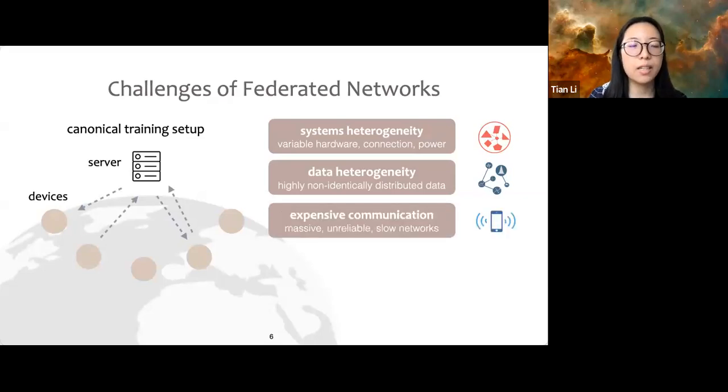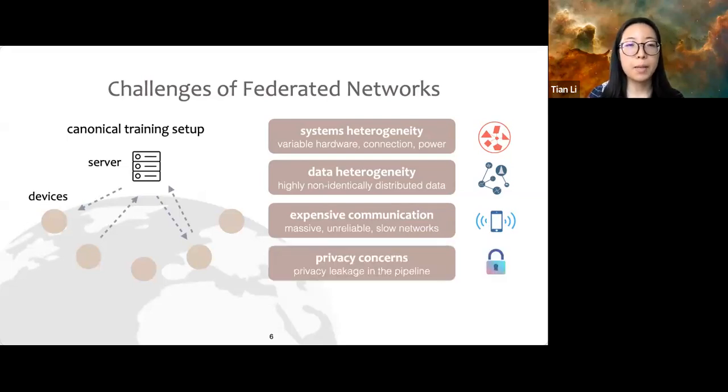Communication is also a real bottleneck in this setting, compared with data center environments where the machines are well connected. Here, sometimes we do learning over wireless networks, so it can be orders of magnitude slower. And privacy is a major concern. Federated learning takes the first step towards protecting user privacy by minimizing data exposure in the system.